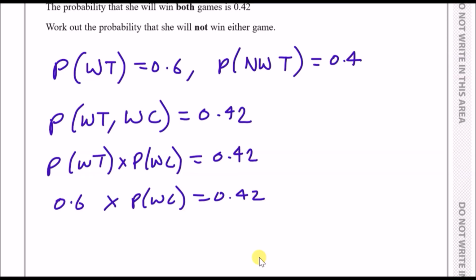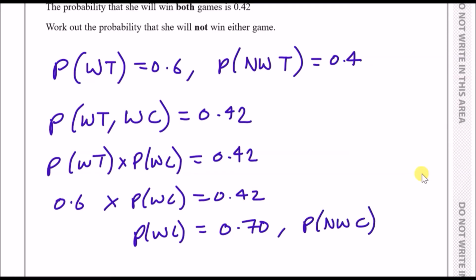Rearranging to find the probability that she wins chess, if you divide these two, you'll find that the probability of winning chess is actually 0.7 or 70%. And what that also means, guys, is the probability that she does not win chess is going to be 0.3.